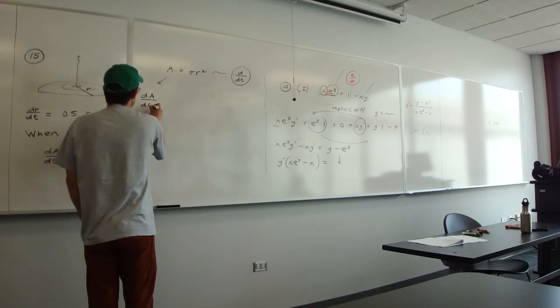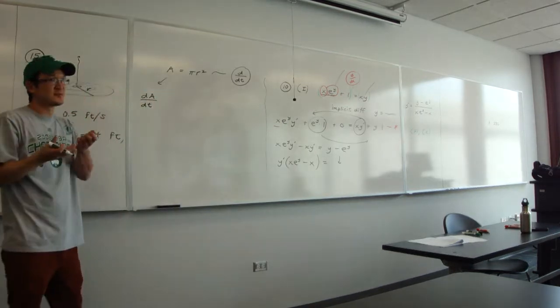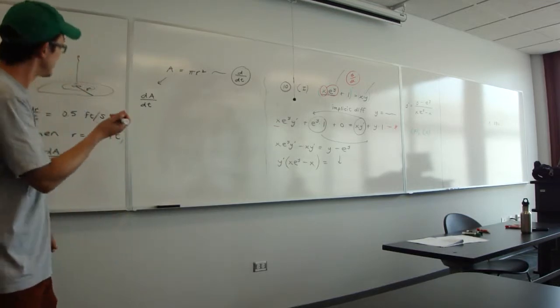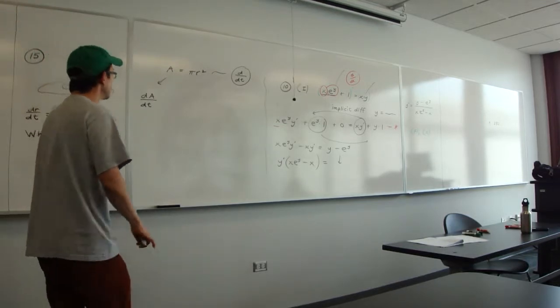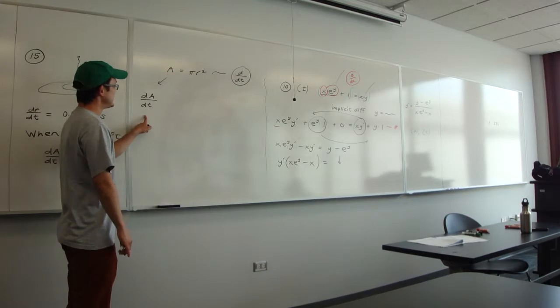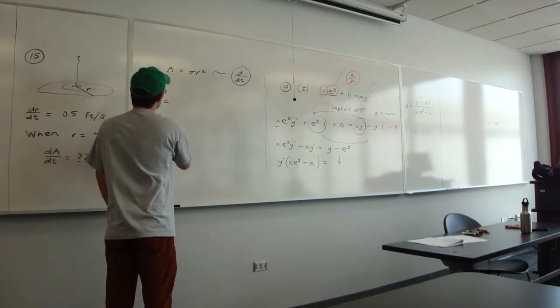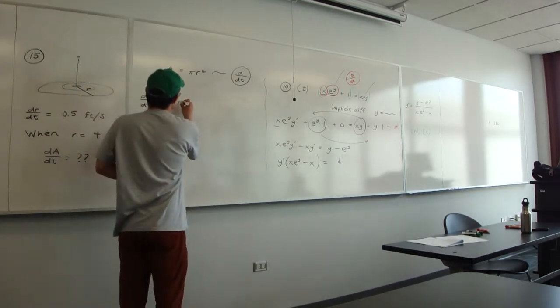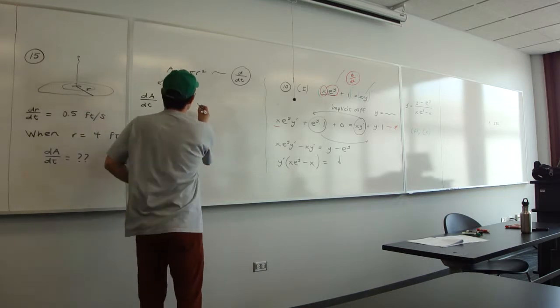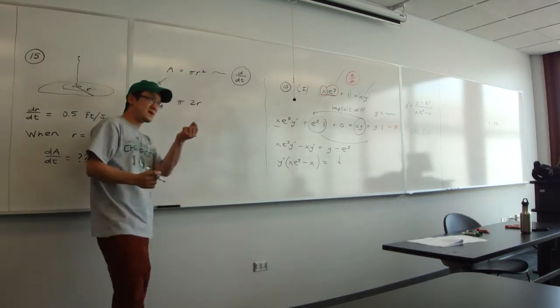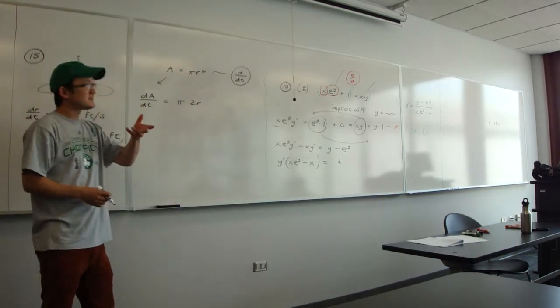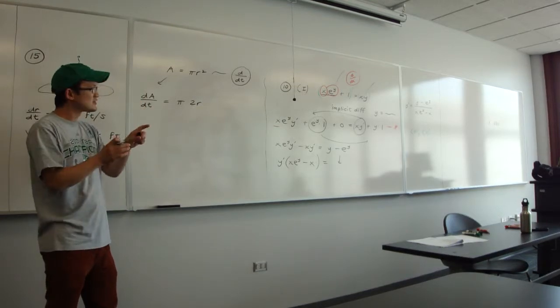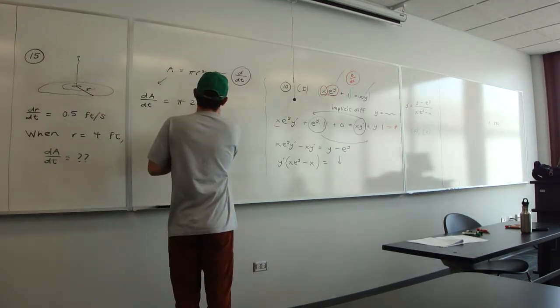I am going through these kind of quickly because you should be familiar with these things, but if something catches you, you can just ask about it, right? So this would be dA dt, okay? And pi is constant, right? But r squared becomes 2r to the first power, right? But then r is something that depends on time. So as time goes by, your radius changes. So this is the chain rule.